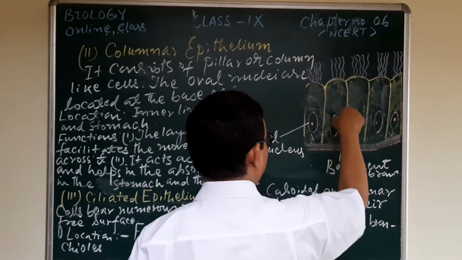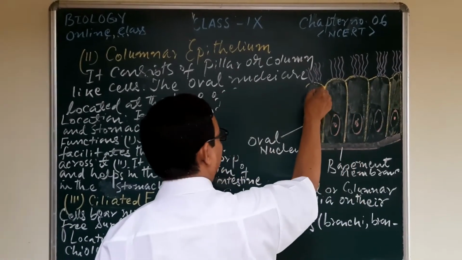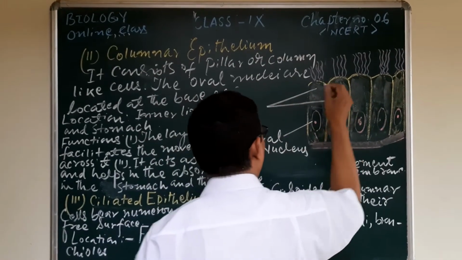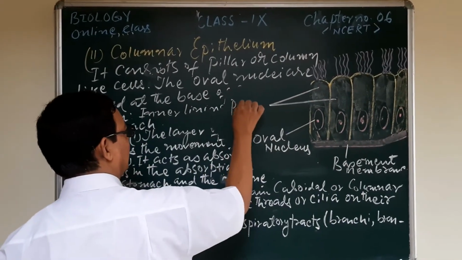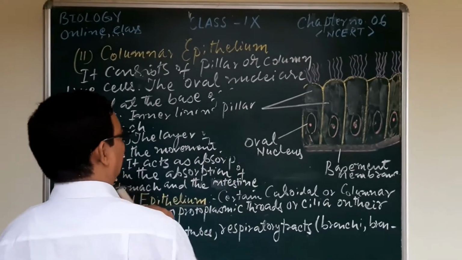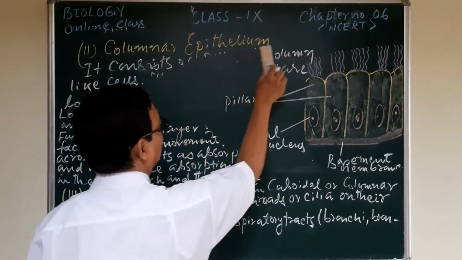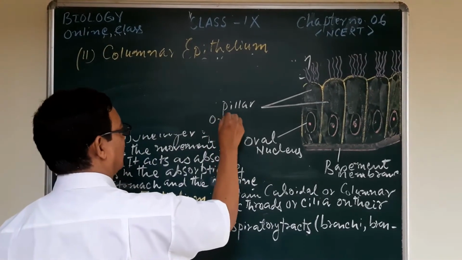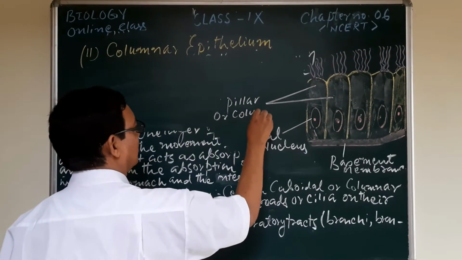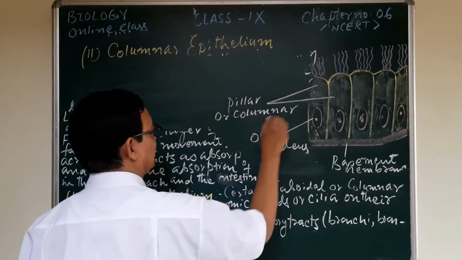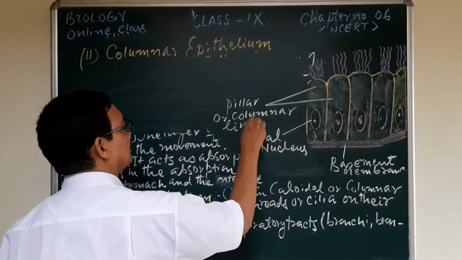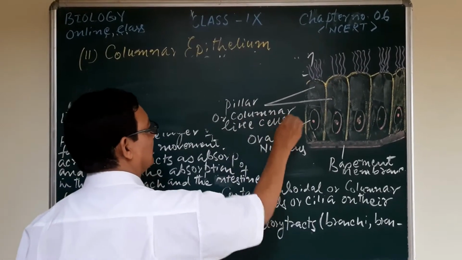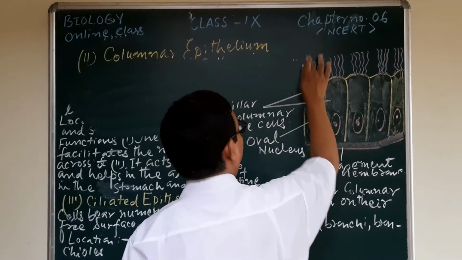This is the pillar like cells, or columnar like cells, and this is the cilia.